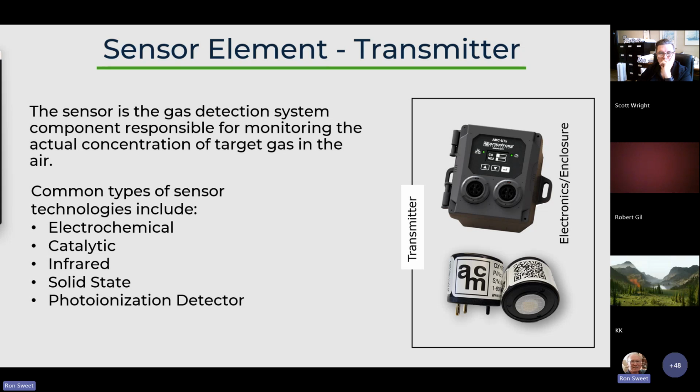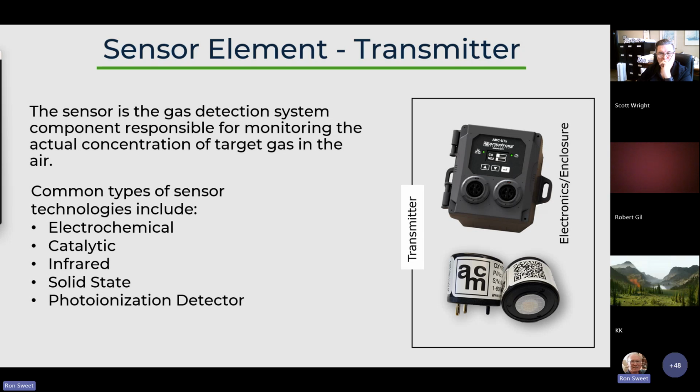Same way, a solid state sensor works very similarly in that it will detect the molecules of the target gas because they will displace the oxygen molecules on the sensor surface. And that causes a higher resistance, which causes more current to flow.